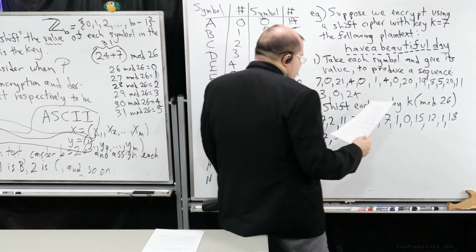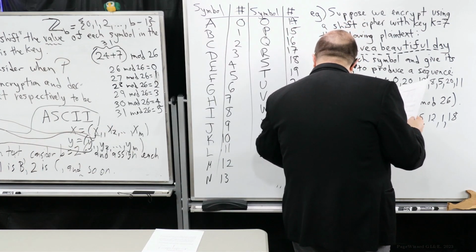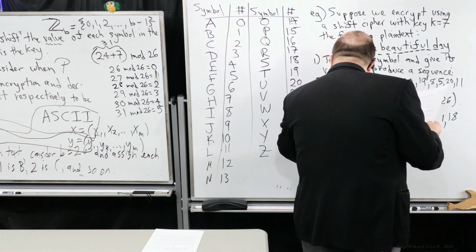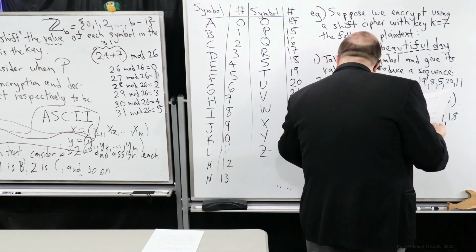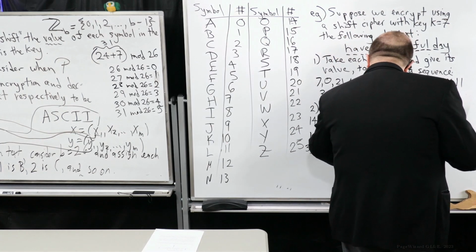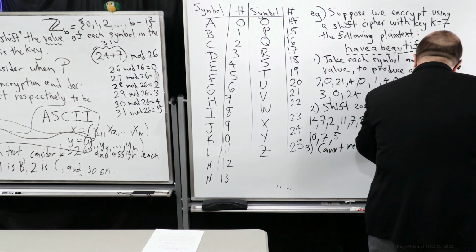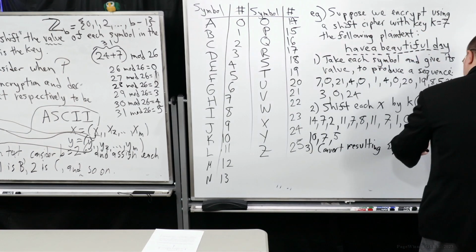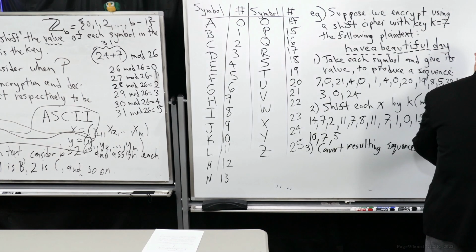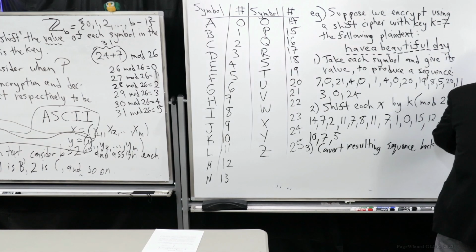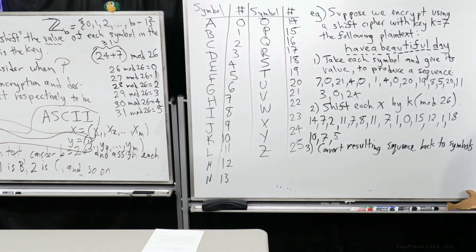So convert the resulting sequence back to symbols. We're going to turn it back to the symbols to yield the ciphertext, right?